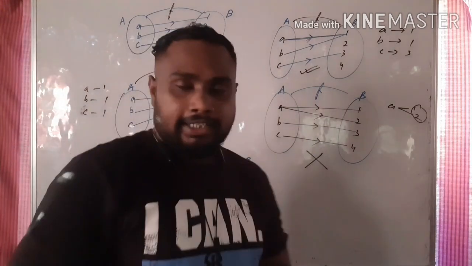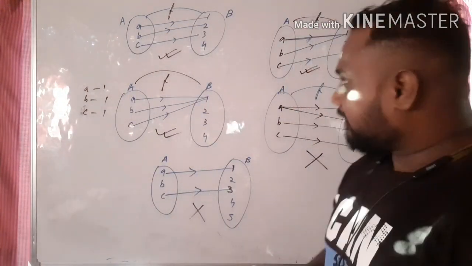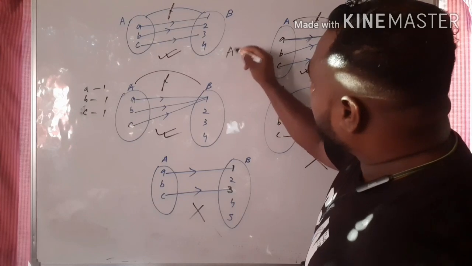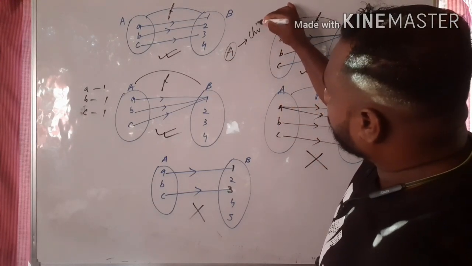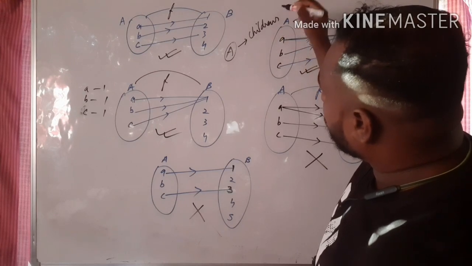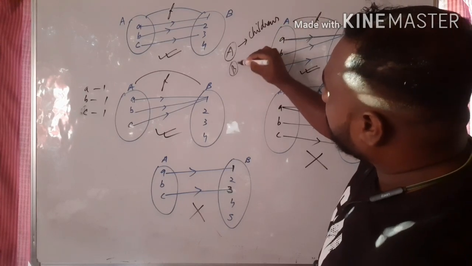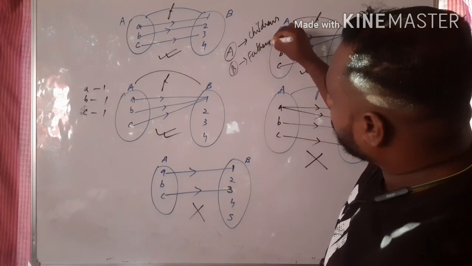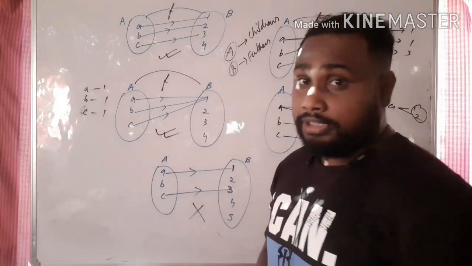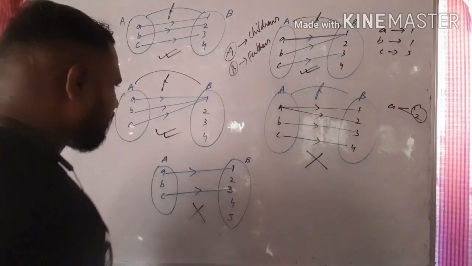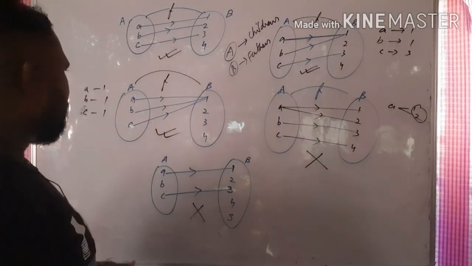So if I consider like this, say for example, A set is the set of children, and B set is the set of fathers, biological fathers I am telling you. So it will sound odd, but it will be good to understand.